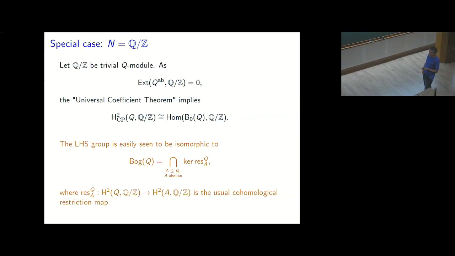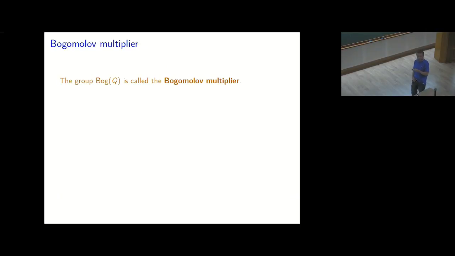And you take the kernel of this map and you take the intersection over all abelian subgroups, okay? Right. And as soon as you have this, well, this group B0 of G has a name. It's called the cohomology multiplier. This was the name given by Boris Kunyavskii, I think in 2000. I don't know, but I'll let you know later. So it's going to be on the slide.